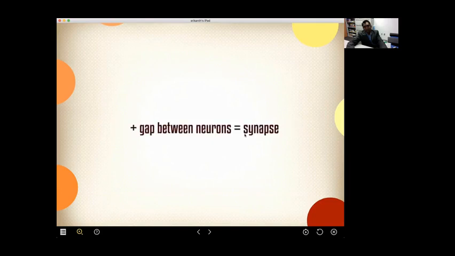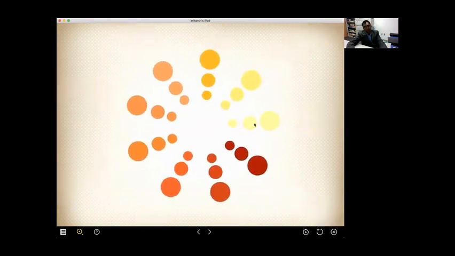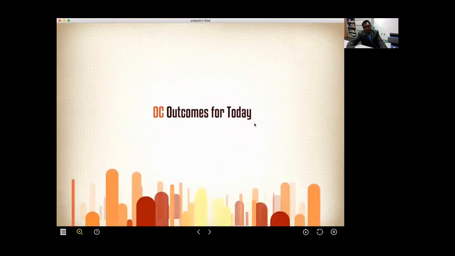And we also need to talk about a structure, not actually a structure, but a functional space between neurons called synapse. So the outcomes for today would be to first talk about glial cells, the concrete, the nerve cells, the bricks themselves, and more specifically, then we'll talk about the structure of a neuron.